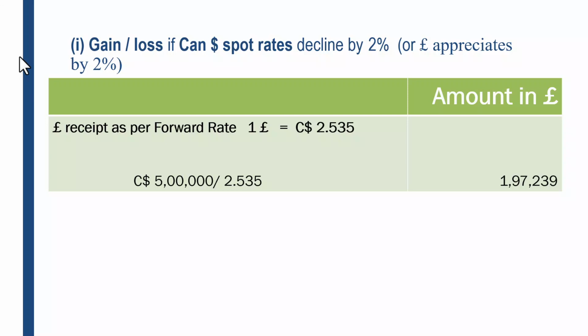But what I have done is I have just simply taken the Canadian dollars divided by 2.53. So how much am I getting? 1,97,000. Is that clear? Suppose there was no depreciation, no appreciation, I would have got 2 lakh pounds, isn't it? If the rate would have been just 2.50, which was originally, I would have got 2 lakh pounds. But now, since I have taken a forward cover, I will be getting 1 lakh 97 thousand.